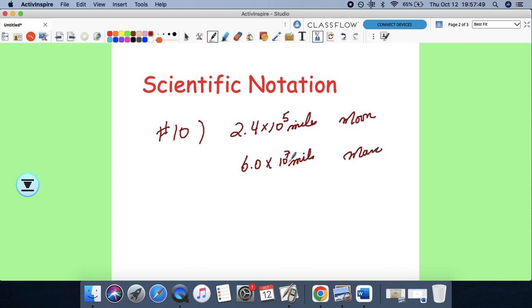How many times further is Mars than the Moon from Earth?